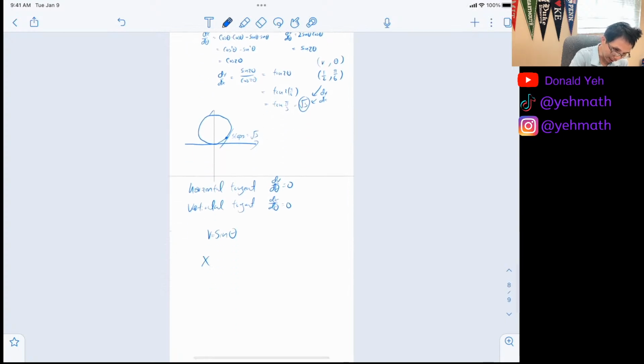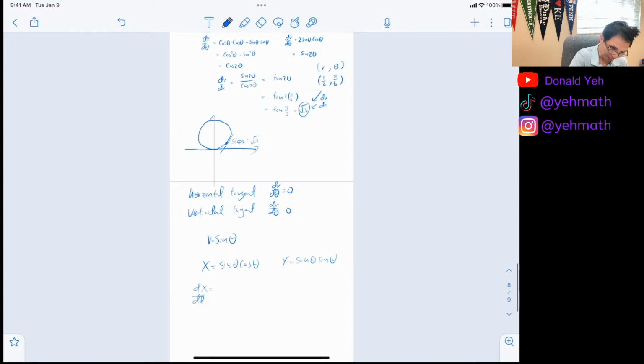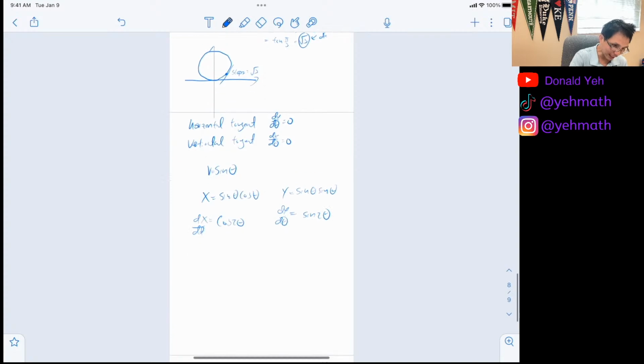I can figure out x equal to sine theta cosine theta, and y is equal to sine theta sine theta. And dx d theta, by the product rule, ends up being cosine 2 theta, and dy d theta is equal to sine 2 theta. Guess what? I can solve for 0.